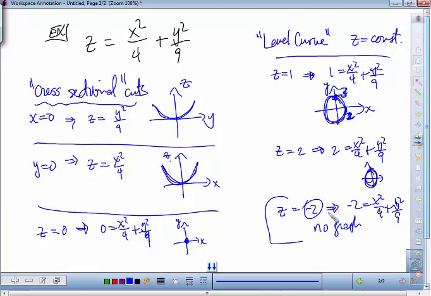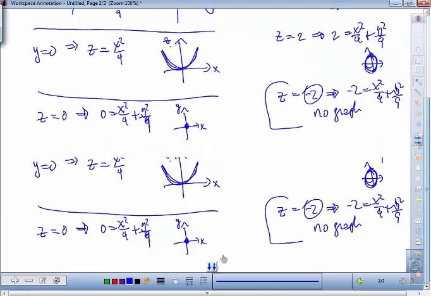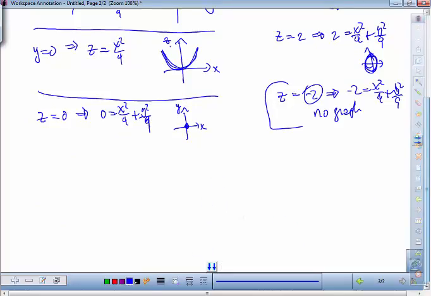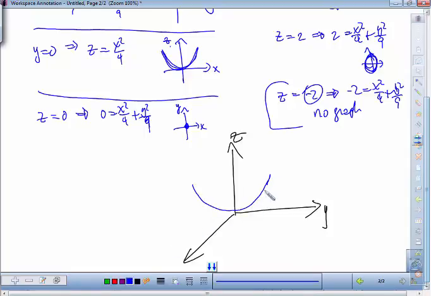All right, so let's see if we can put these ideas together in some sort of a three-dimensional drawing. And this is where that VR would have been nice. But let's see. According to what we found, when x is equal to 0 on the yz plane, we got parabolas that are wide.